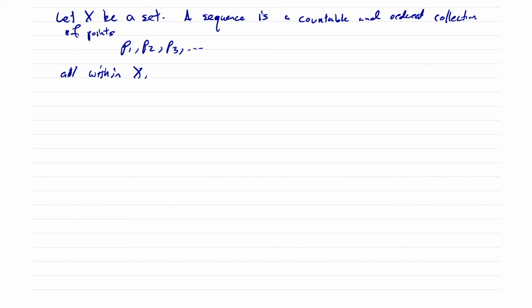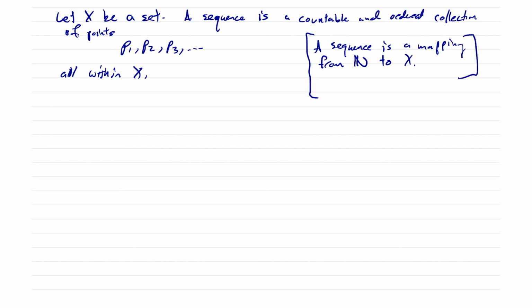So if you want to get really formal about this, as we would say, a sequence is a mapping from the natural numbers to X. And so generally speaking, we would say 1 maps to P1, 2 maps to P2, etc. But that just gets to be kind of convoluted.